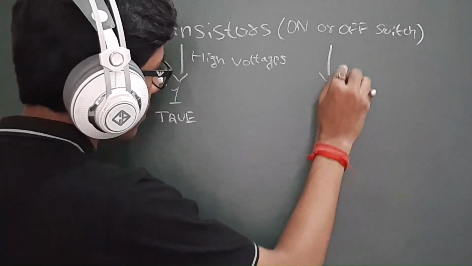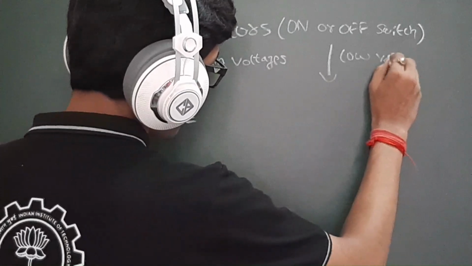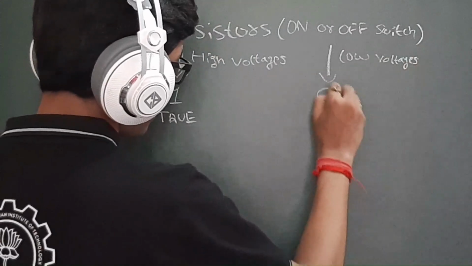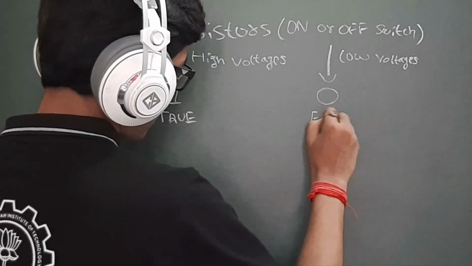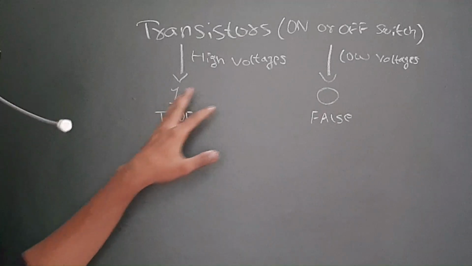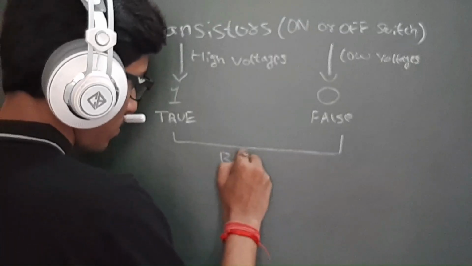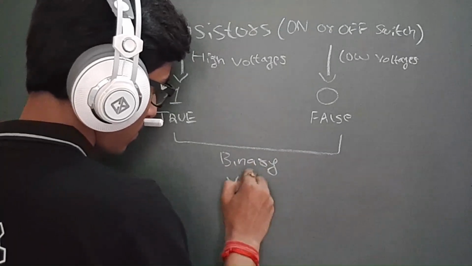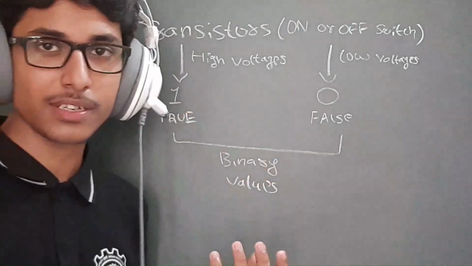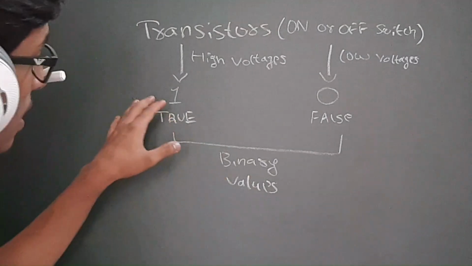When the transistor is detecting low voltage or maybe 0 voltage, it is interpreted as 0, false. And as we know, these two values are binary values. So a transistor is basically used for computers to communicate and understand in binary form.